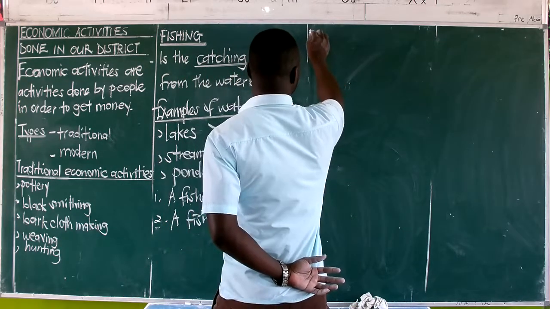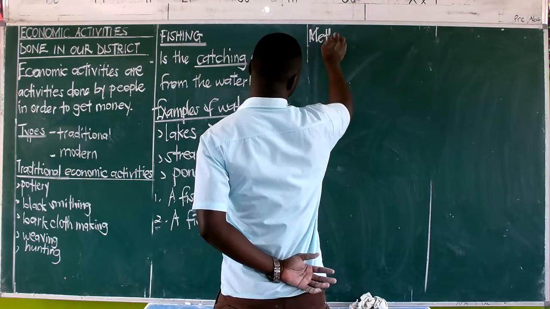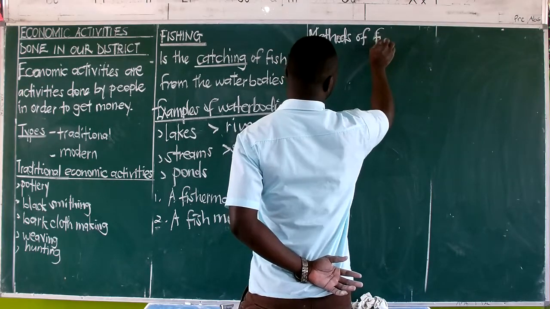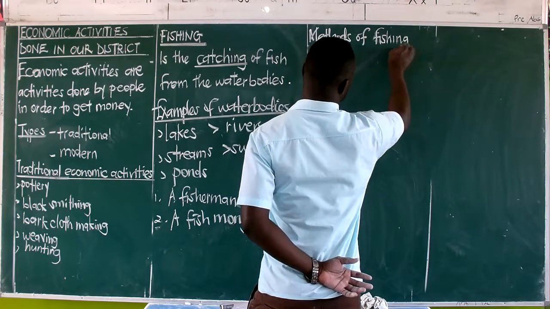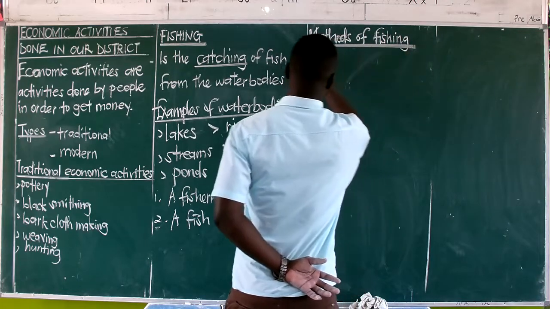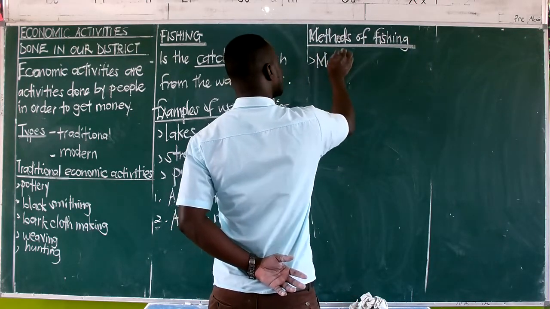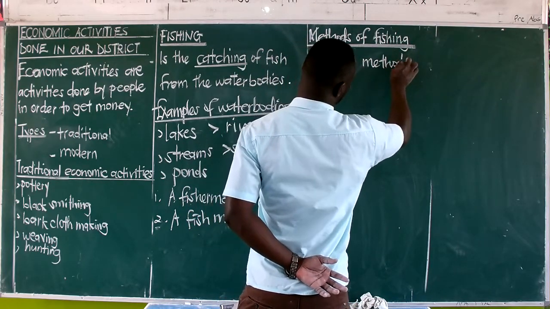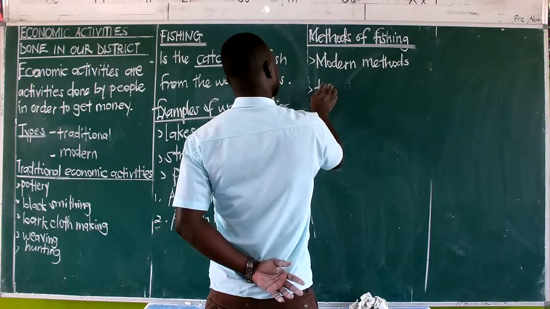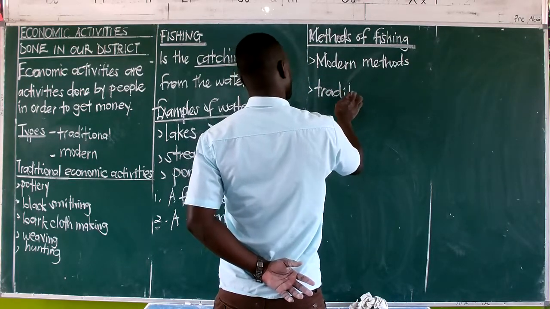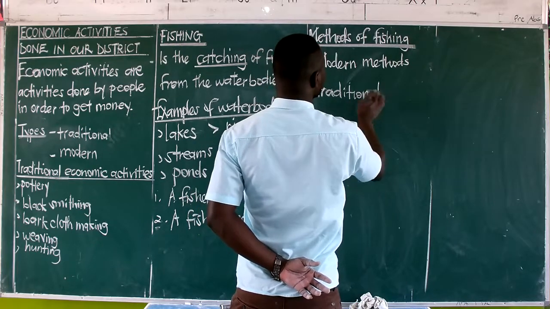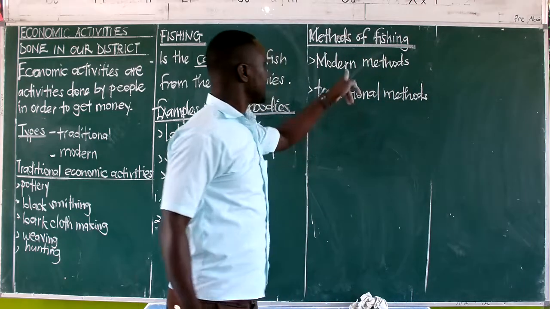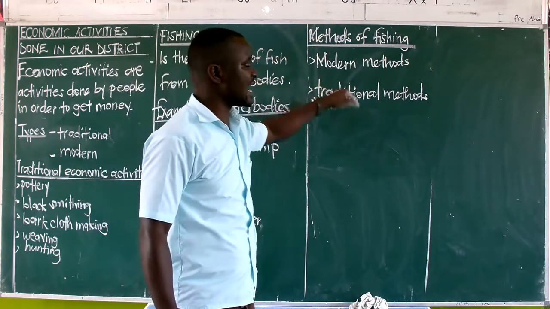We are going to have the modern methods of fishing, and then we shall have the traditional methods. The traditional methods, we can also call them the local methods. Now, which methods are modern and which methods are traditional?